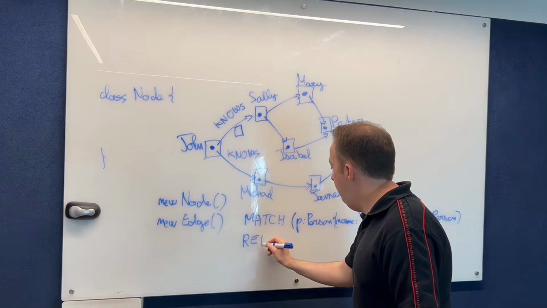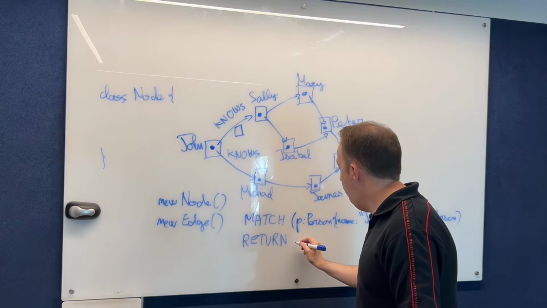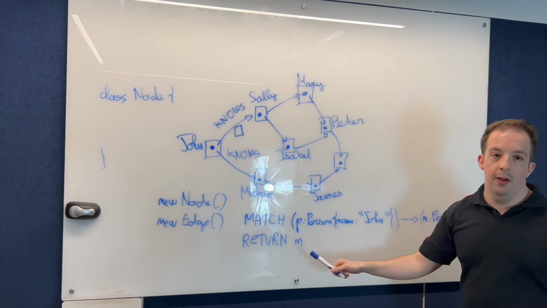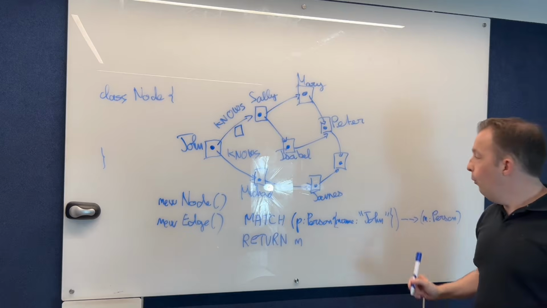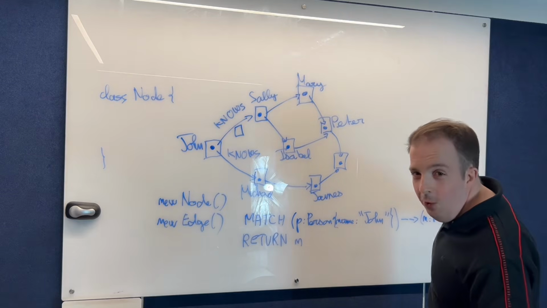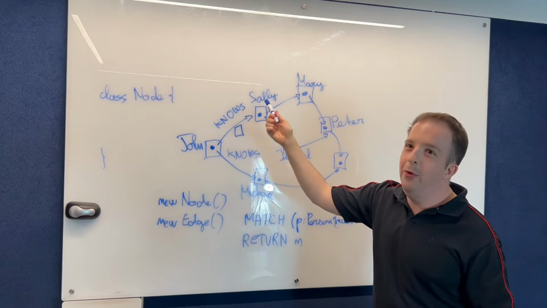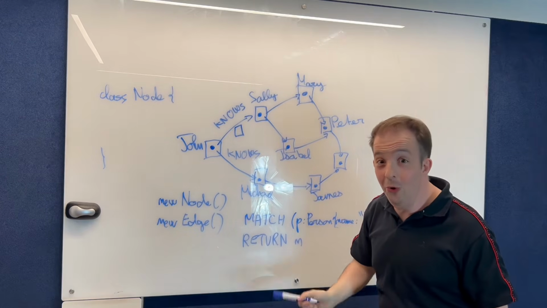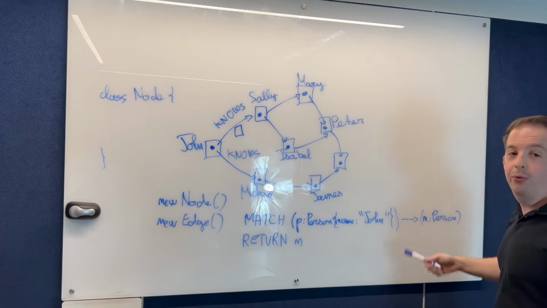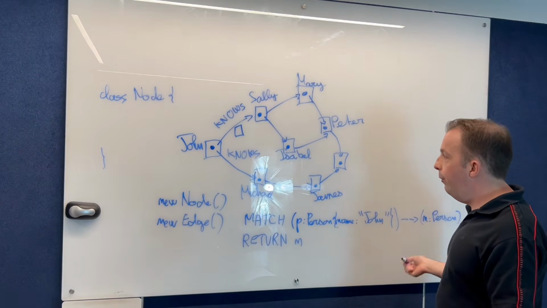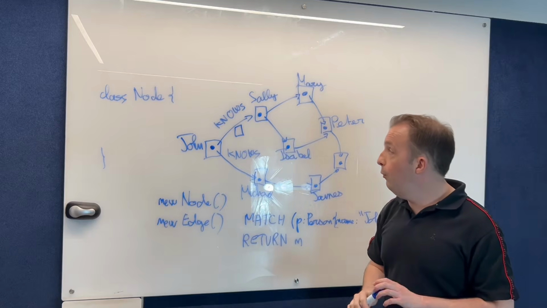Then I can return all the nodes N that are directly related to John. To not go out of the whiteboard, obviously I omitted to say that I only want people that John knows. I could have put that on my edge. But anyway, this is a match query that I can then run in Neo4j on my graph.